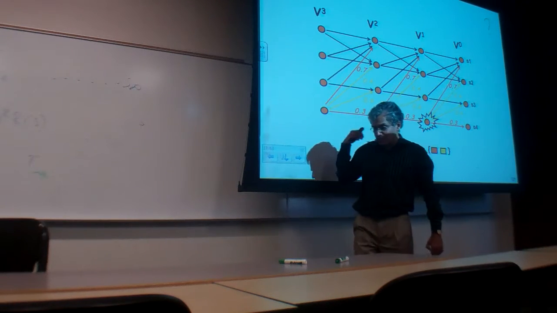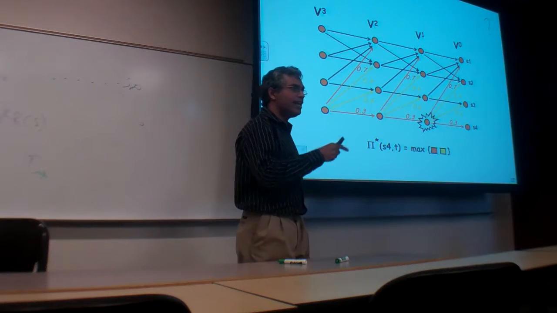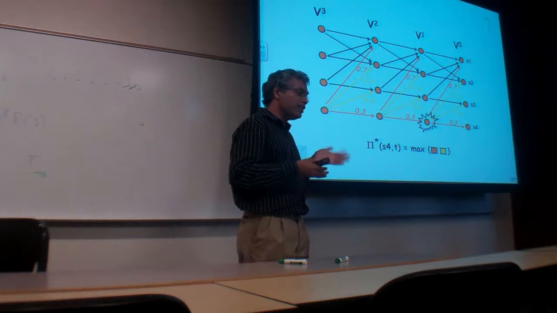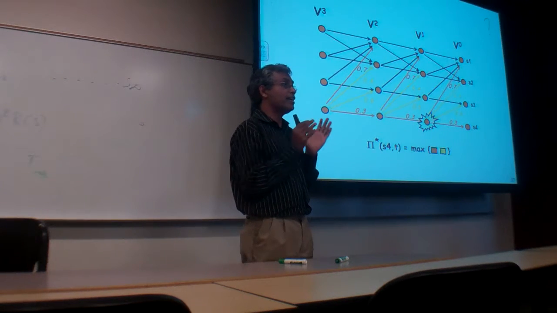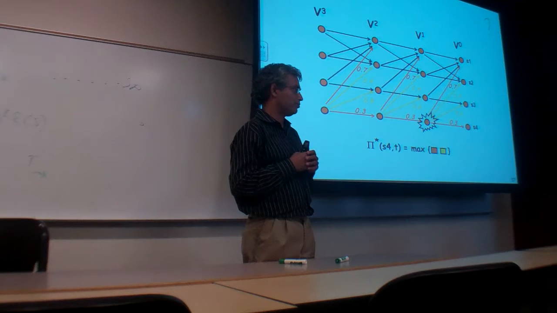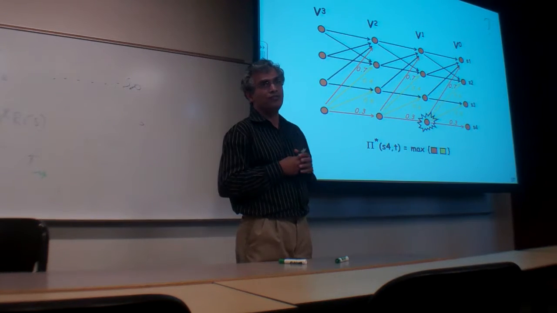If you're using the same algorithm for the infinite horizon, all you really care about is writing Vk plus 1 in terms of Vk, and you keep doing this until the difference between Vk and Vk plus 1 is non-existent. If the value functions in 2 different iterations are the same, then you have converged.